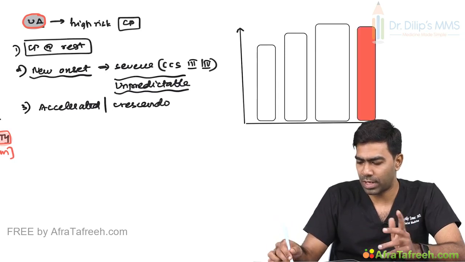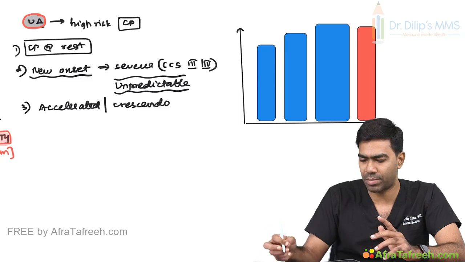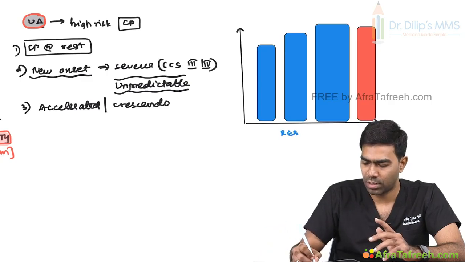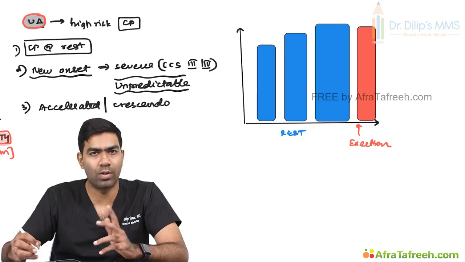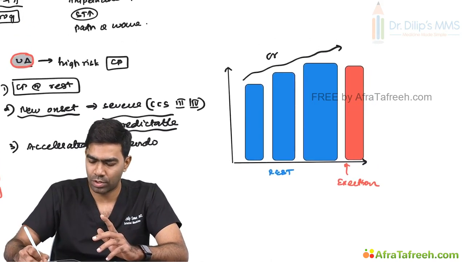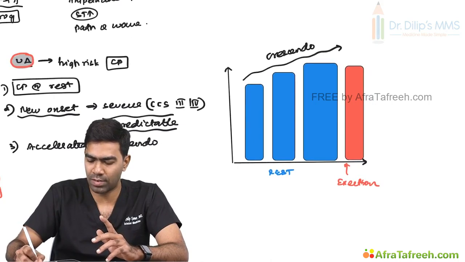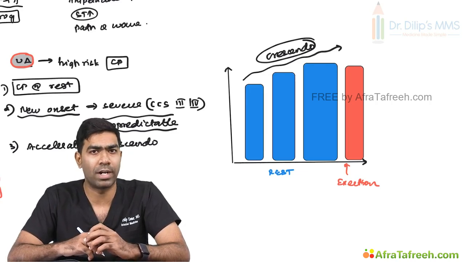Some of the pains can happen at exertion, that doesn't matter. Some of the pains can happen at rest. So it could be a rest pain, or it could be a chest pain associated with exertion as well. But the most important fact that tells you it's a crescendo angina is that it keeps on increasing over a period of time. So it is no longer behaving like a chronic stable angina. It's not a fixed and predictable pain anymore.